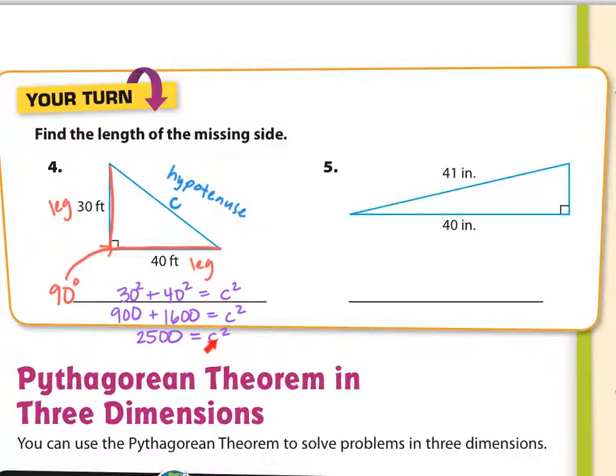We don't know what C is, so this is like asking what number, if I square it, gives me 2,500. The way to do that is to take the square root of 2,500. You'll need to know how to do that on your calculator. It's usually next to, or the same button as, the squared button. The square root of 2,500 is equal to 50. And that is our answer.